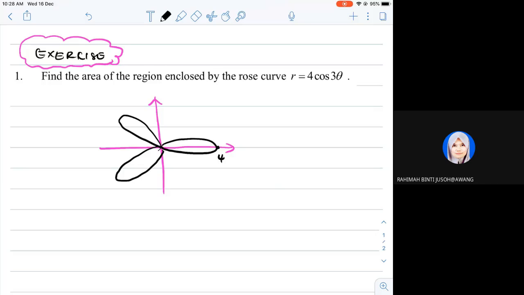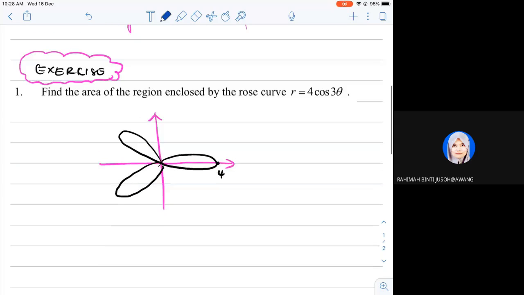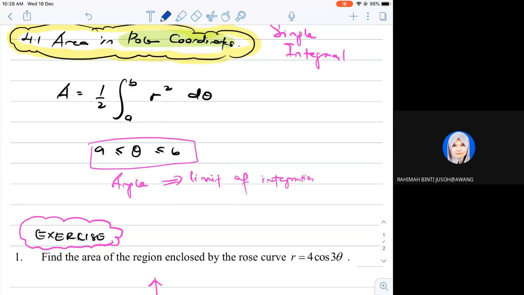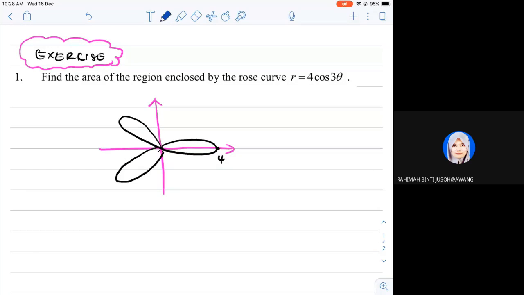All right. So now, guys, as we know, the formula should be like this. Integration of r squared d theta. So, first of all, we need to find the angle. What's the angle here? And what's the angle here?